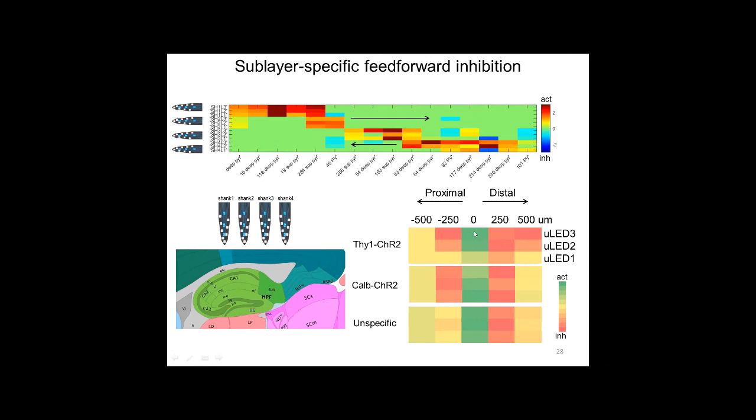And you see that when you shed light in this channel, in the next shank, 250 microns apart, you actually see more inhibition than excitation, and there is an asymmetry in the way this is organized for the type 1 or the calbindin, or even if you use the non-specific expression.